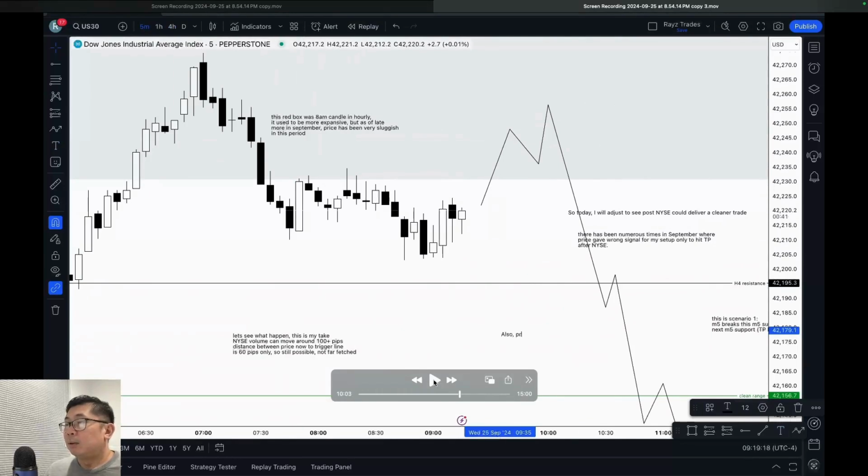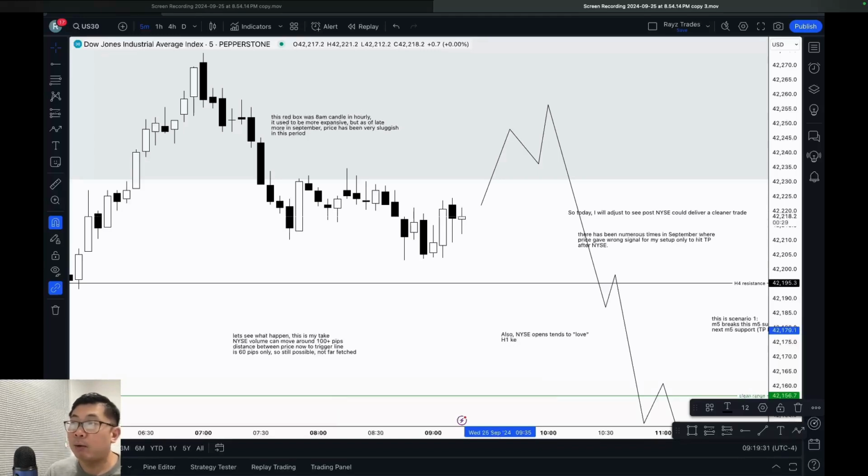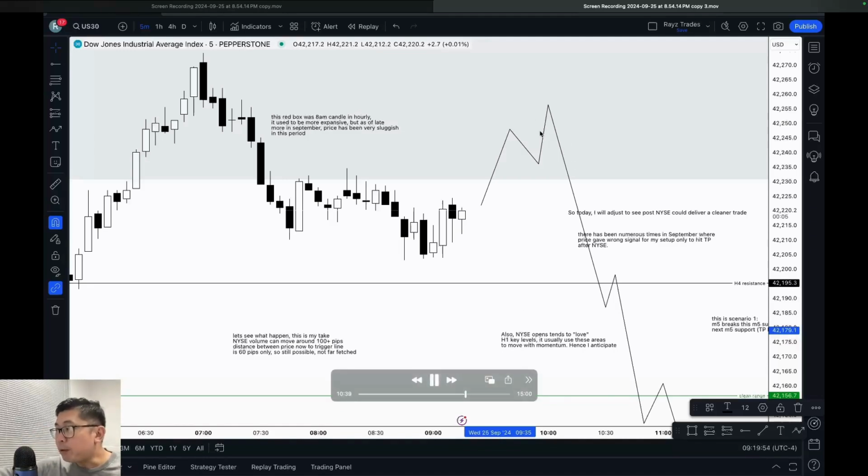So what did I do? I said also that NYSE Open tends to respect the 1 hour zone, the 1 hour key levels. It usually uses these zones to connect moves with momentum, using that 1 hour support or resistance, which is up here.